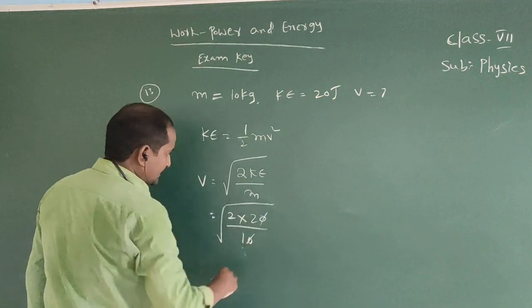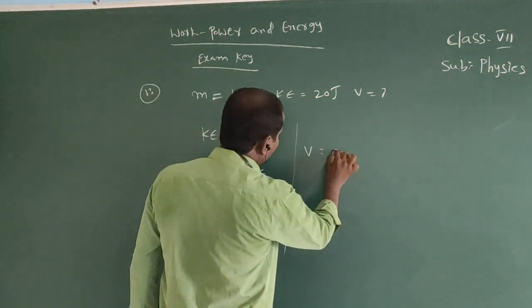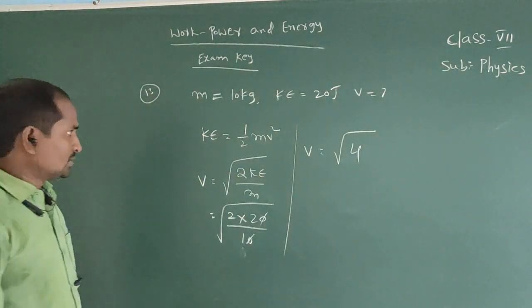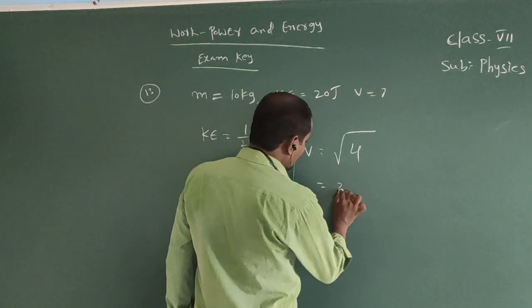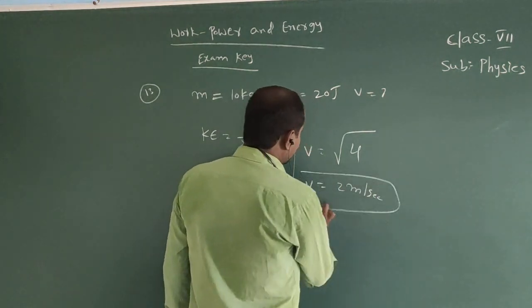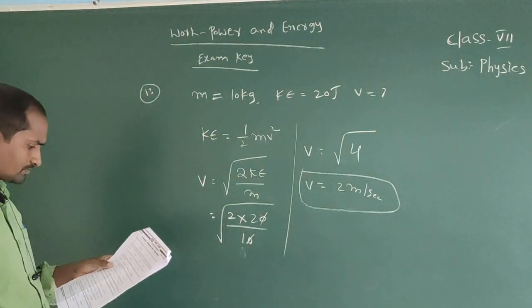The zeros will cancel. 2 into 2 equal to 4. So V equal to root 4, that equal to 2 meter per second. Velocity equal to 2 meter per second.